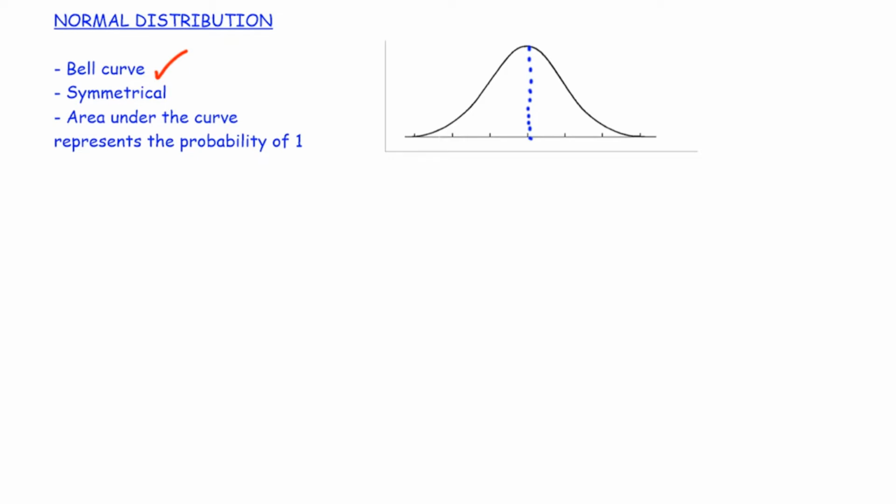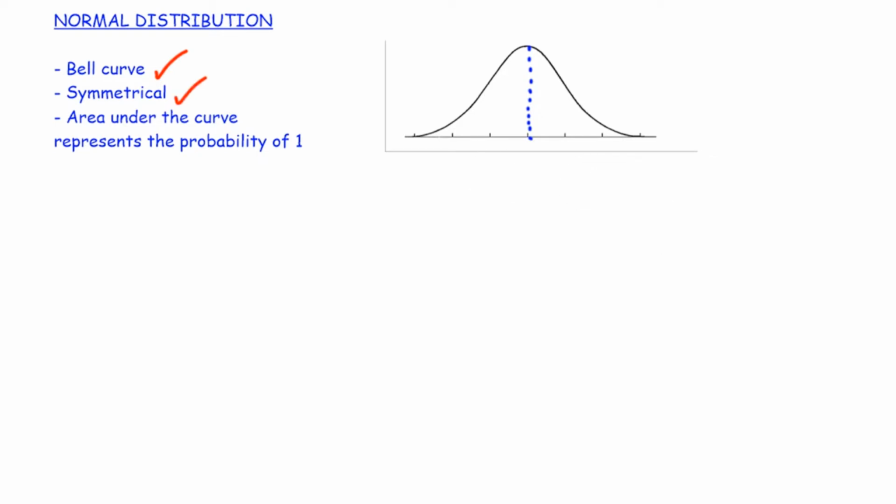So interestingly, the mean, the mode, and the median of the normal distribution are all located in the same place. So this blue dashed line represents the mean, the average value, the mode, the most popular value, and the median, the middle value. All right, so this is a property of the normal distribution.